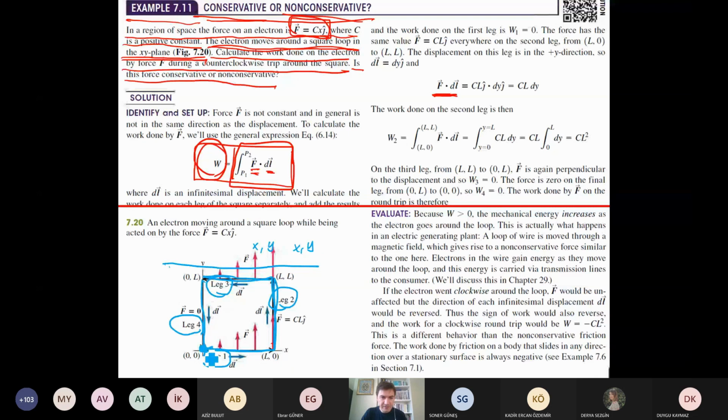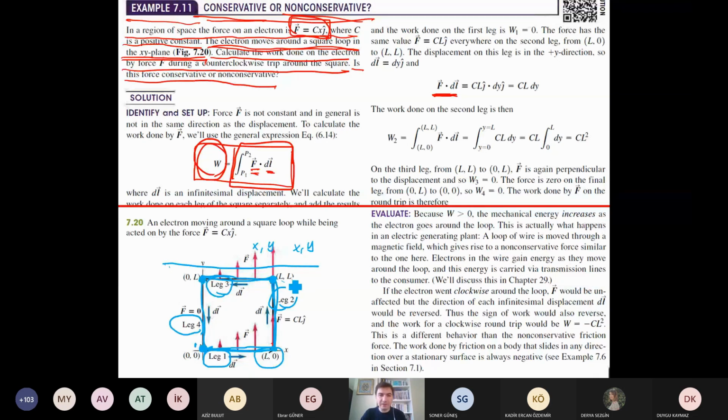And at this position, X is equal to L, the length of this path, and Y is equal to 0. Here, X is equal to L and Y is also equal to L. At this position, X is equal to 0, Y is equal to L. So these are the positions of the corners of the square.